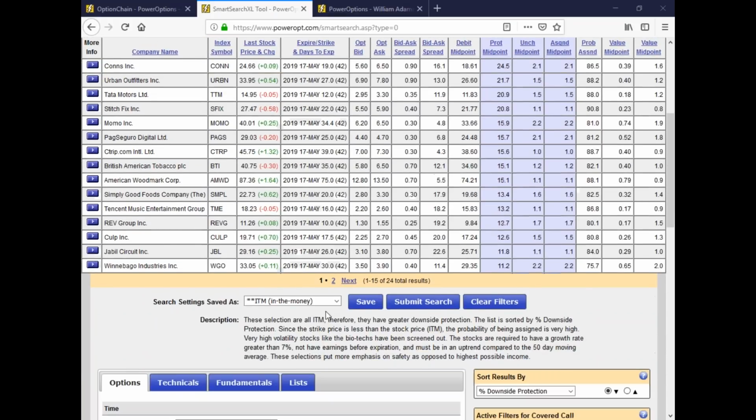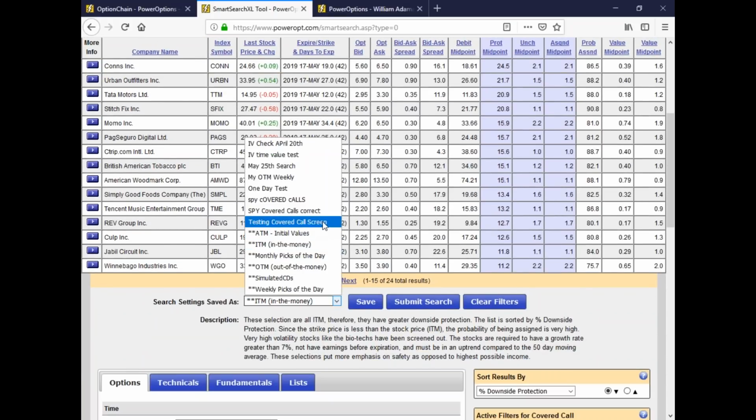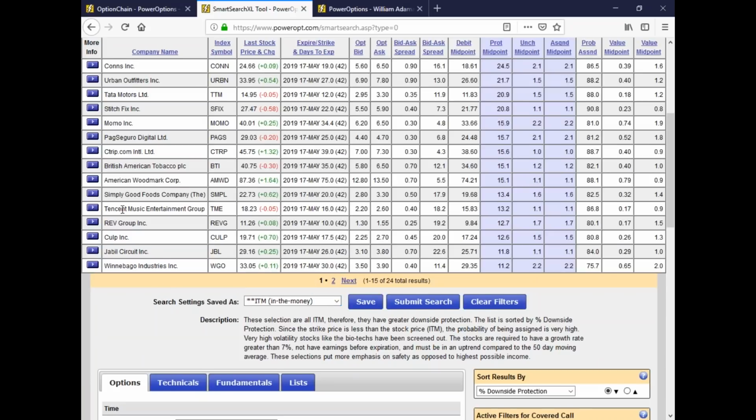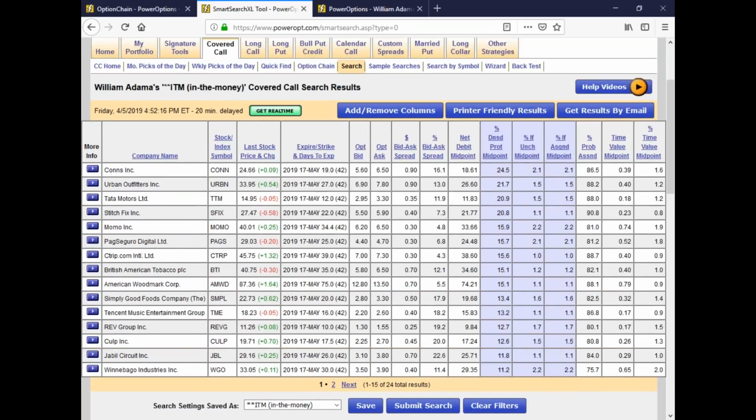The follow-up to Larry's question, regardless of what search I'm using, let's just say I'm using this one here. I'll stick with the in the money position. Let's say that my specific search is looking for stocks that have a certain market cap, certain fundamental qualities, positive earnings per share growth, relative PE ratio, no earnings between now and expiration.